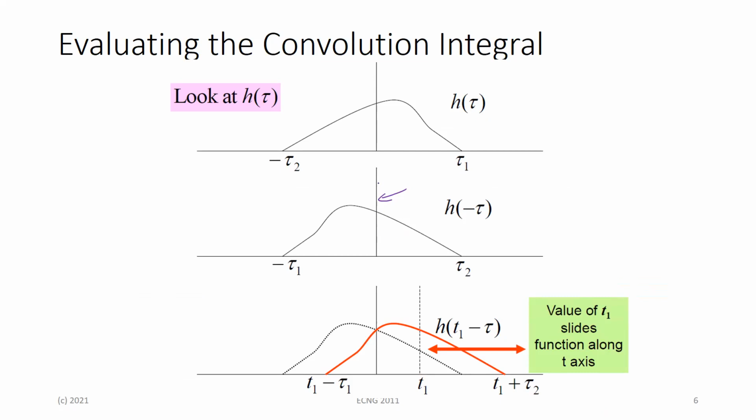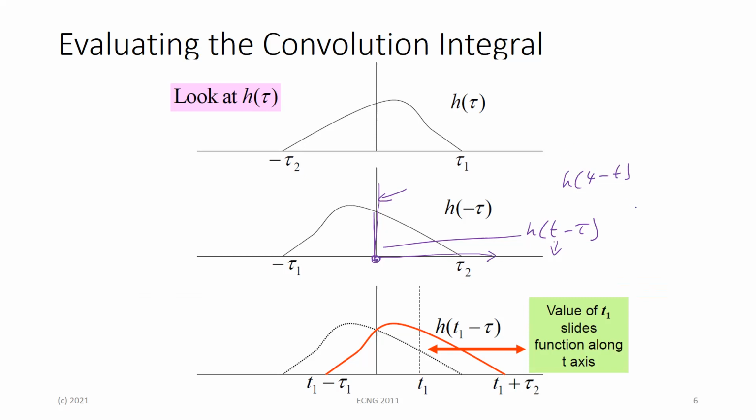This is the center line here. Anytime you have h(t minus tau), look at where the t0 point is. So h(4 minus tau) means this has now gone to the point t equal to 4.